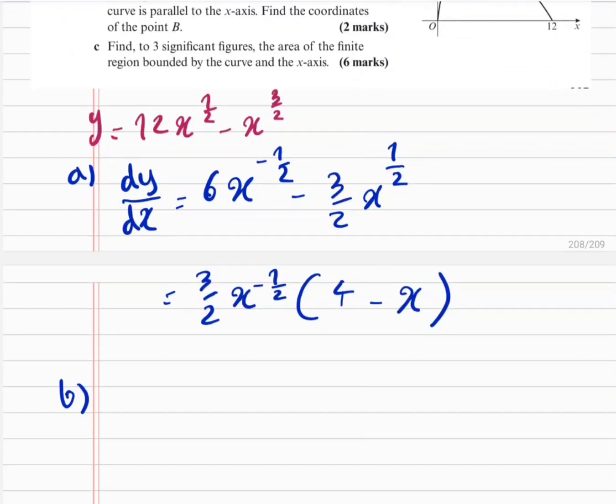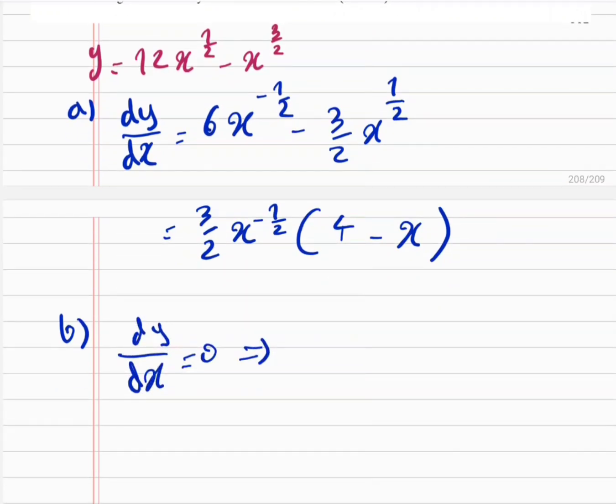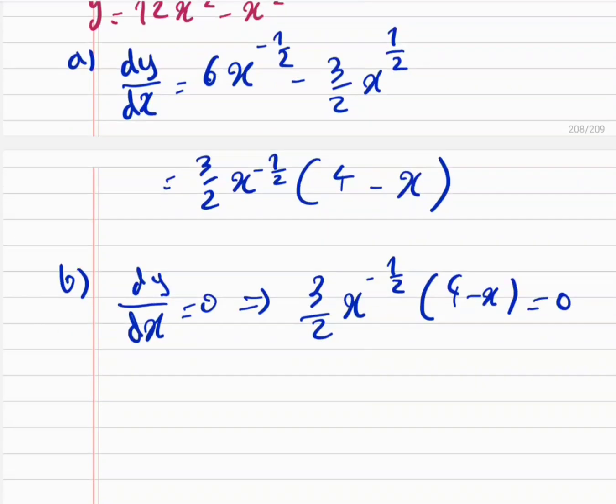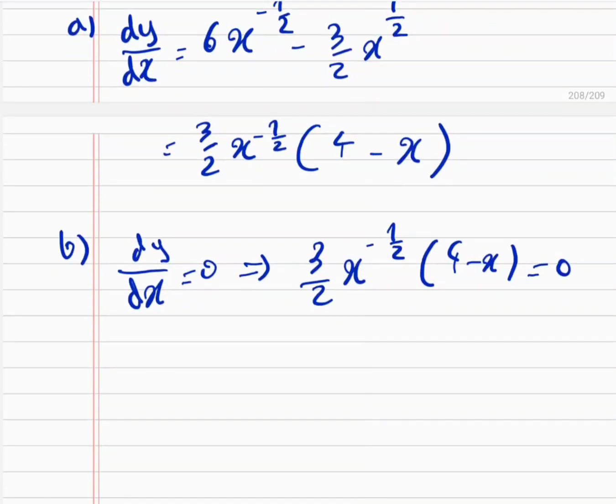We have already found the derivative, and to find the maximum, we set the derivative equal to 0. By solving this equation, we can get the coordinates of B. So now we have 3 over 2, keeping it in the same format, times the bracket, equal to 0. First, we multiply both sides of the equation by 2 over 3, and we get rid of that.